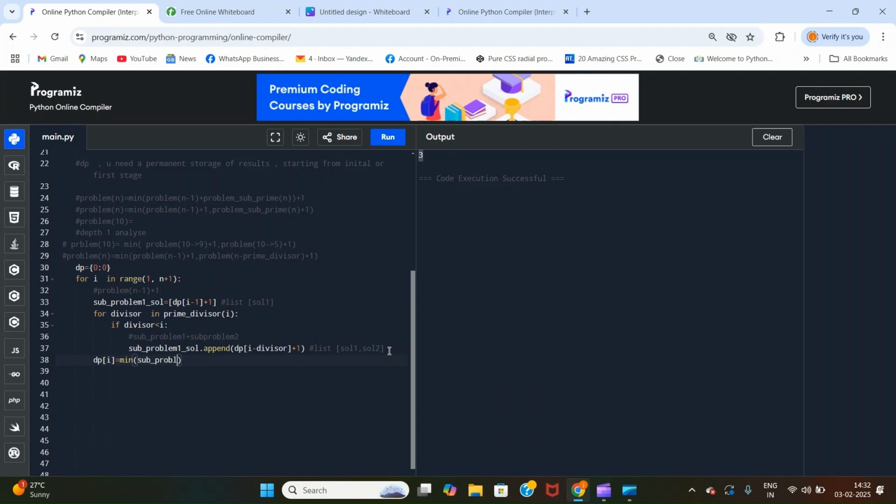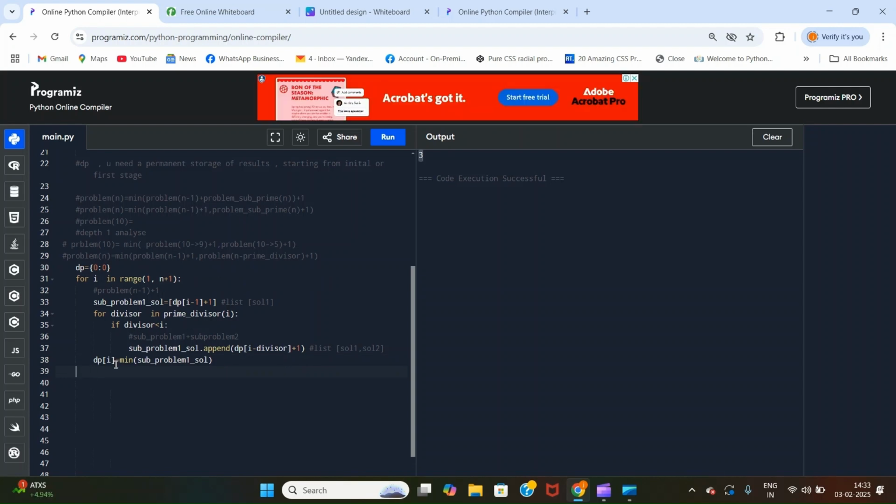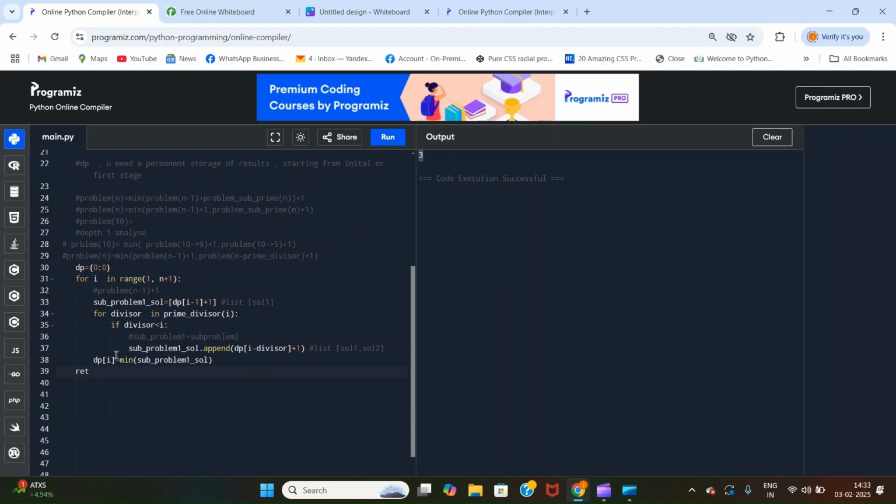So problem 1 solve. Okay, so now I am having the final result for the current situation, but what is my number? Number is n. So after this, what do we have to do? For the last n, I need to print the result.